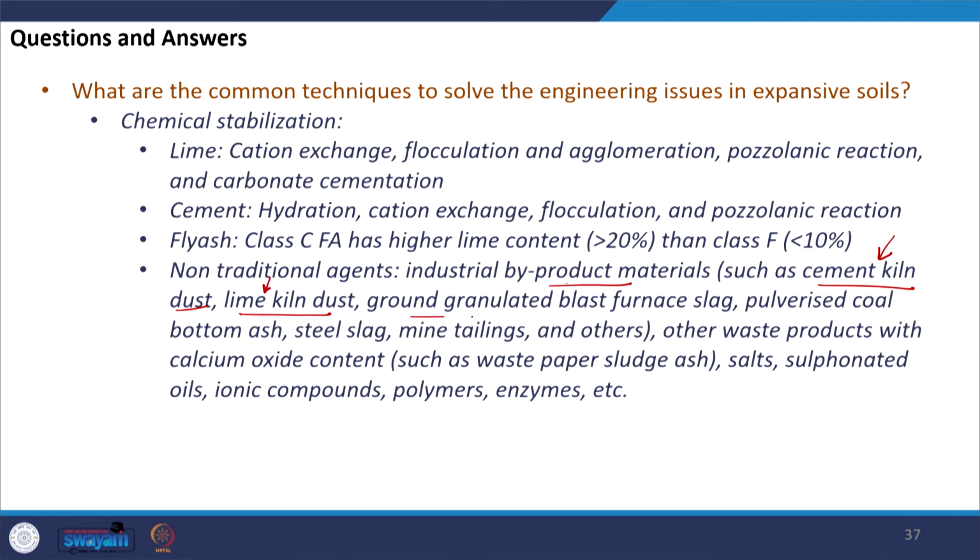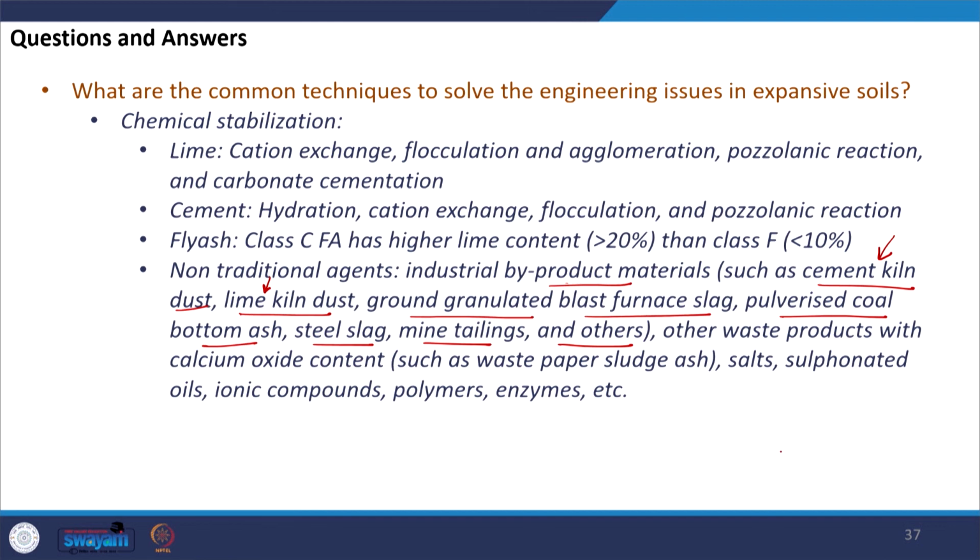Then we have ground granulated blast furnace slag, GGBFS, which is again a form of pozzolanic material. We have pulverized coal bottom ash, we can use steel slag, we can use mine tailing, and there are various industrial byproducts that can be used either individually or in combination with other cementitious products to deal with expansive soil.